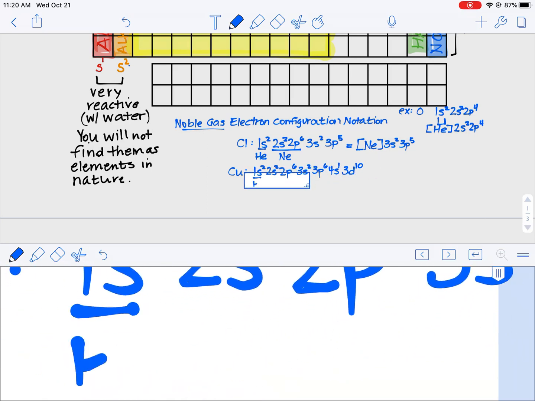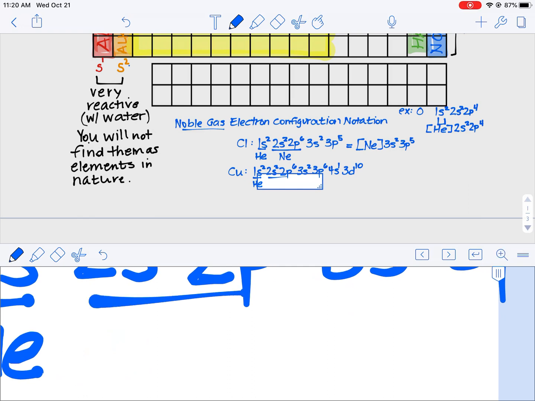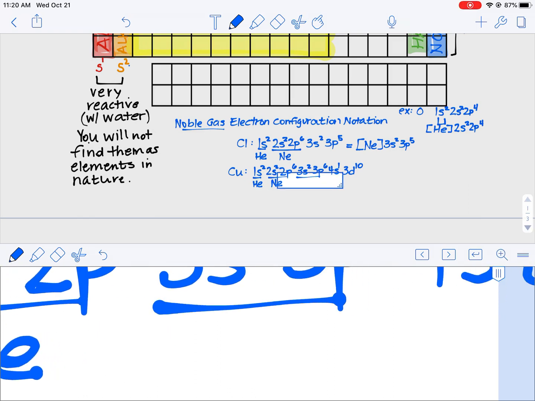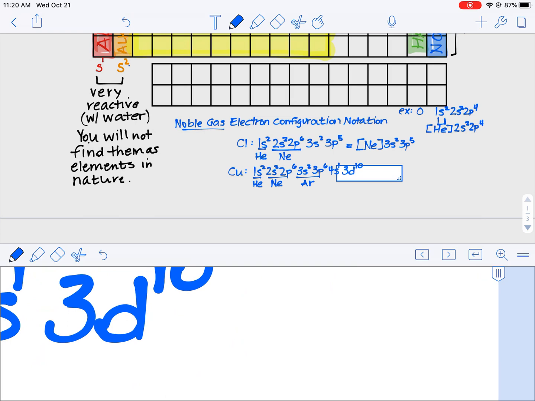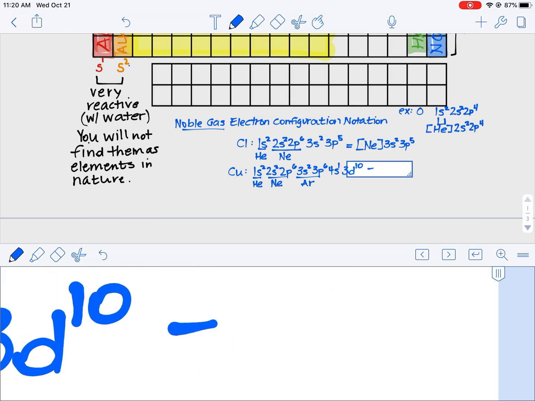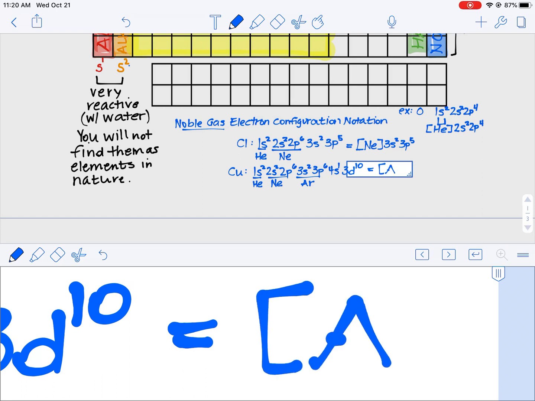Writing this as electron configuration noble gas style, well, the 1s is helium, the 2s 2p is neon, the 3s2 3p6, that's going to be argon. And then I haven't gotten to organizing enough electrons for krypton yet, so I haven't made it there.